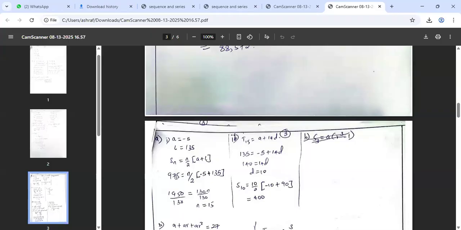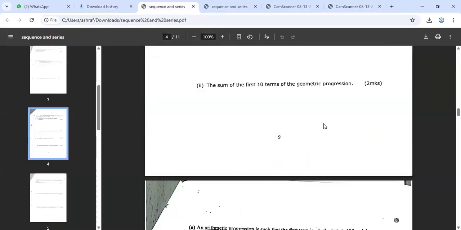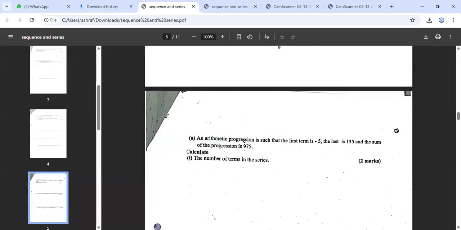So you're given the sum is 975, n we don't know, over 2. Then you substitute the values of A and L. If you work out, you get your n as 15. I hope that part is clear. Unless there's a question.